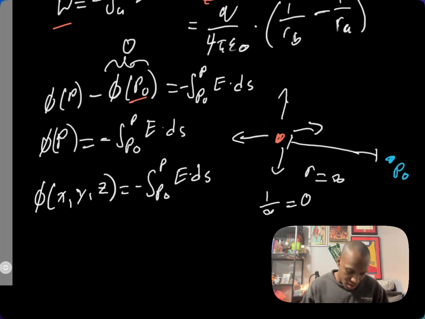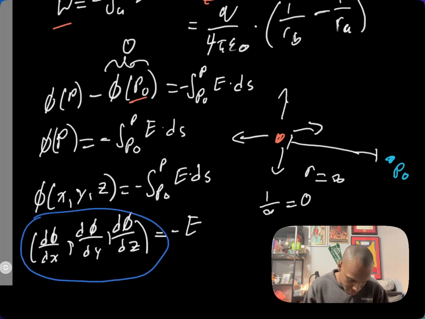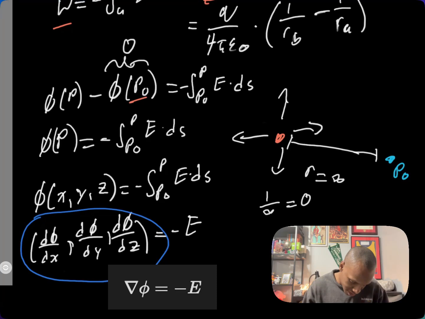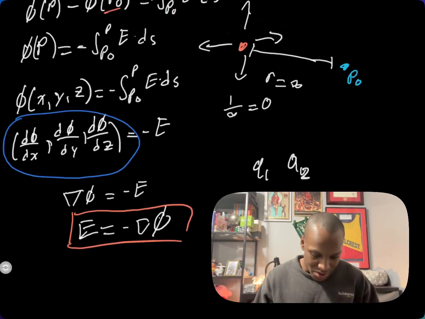But if we differentiate both sides, we can say that d phi dx, d phi dy, d phi dz, and if you differentiate an integral, you basically just cancel the integral, so we have this equal to negative E. And this term is basically just the gradient of phi, so we can write grad phi is equal to negative E, and in particular it's more useful to say that E is equal to negative grad phi. This is the important equation.